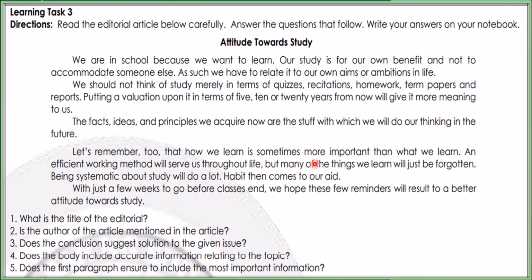But many of the things we learn will just be forgotten. Being systematic about study will do a lot. Habit then comes to our aid. With just a few weeks to go before classes end, we hope these few reminders will result in a better attitude towards study.